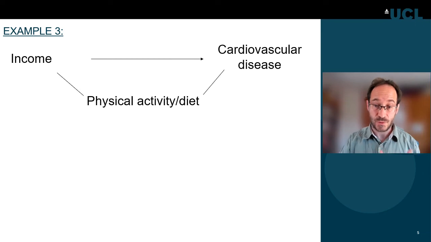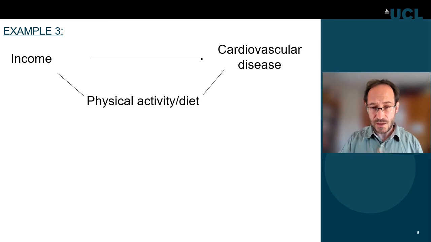It is very well known that there is a strong relationship between income and cardiovascular disease. People with lower income have higher risk of developing cardiovascular disease compared to those on higher income. But we also know that people with lower income are more likely to eat unhealthily and do less physical activity compared to those on high income.